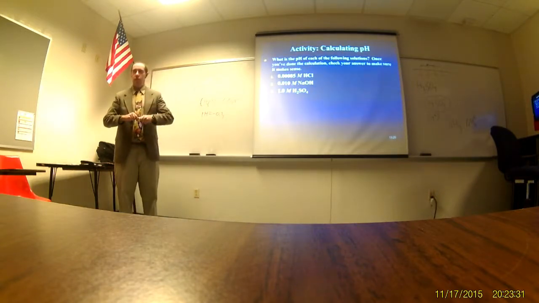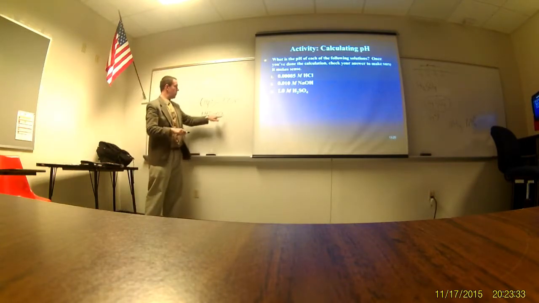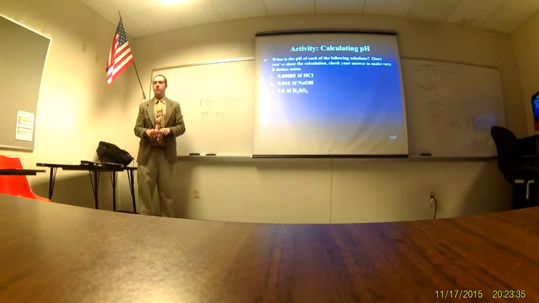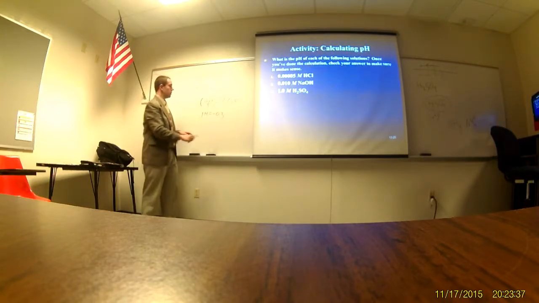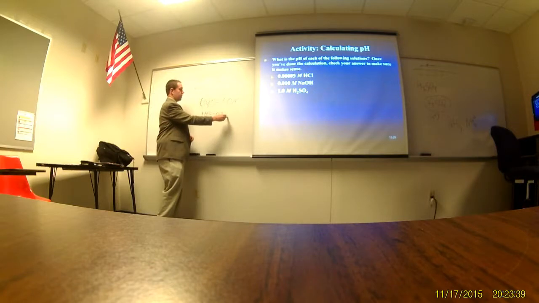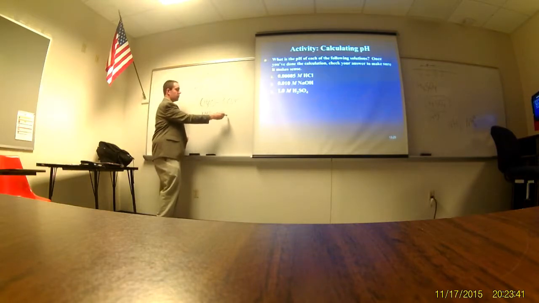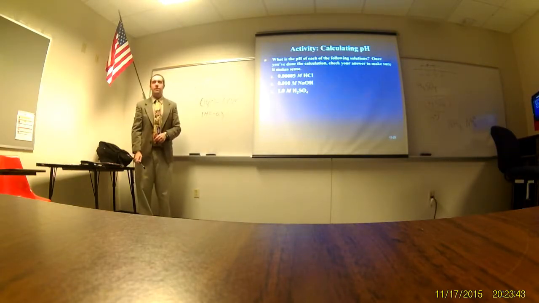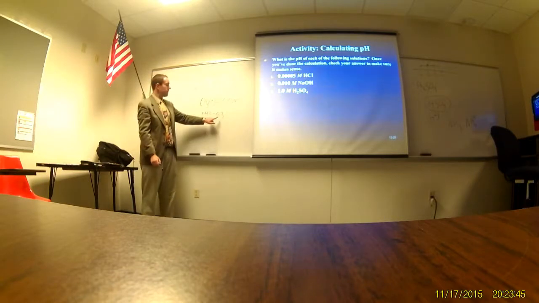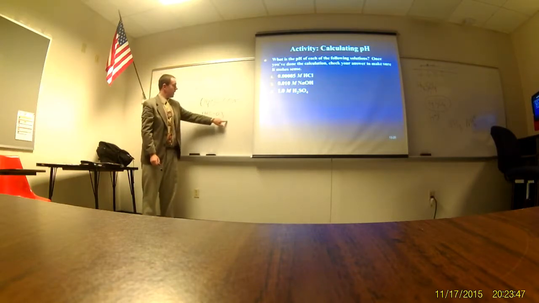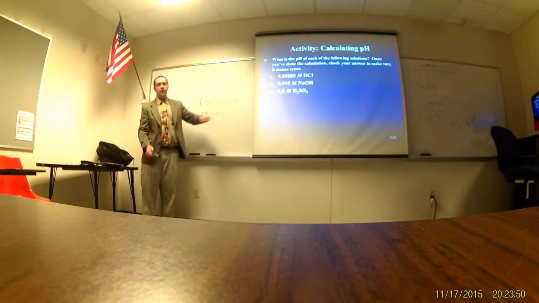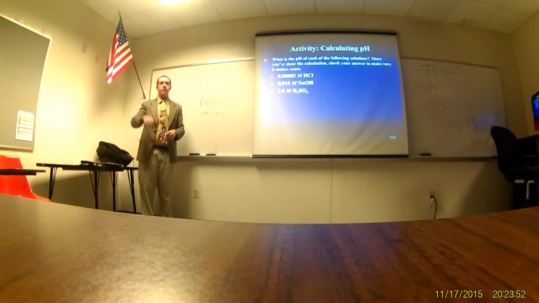You do the negative log of 2, which is negative 0.3. And just like with our K values, I'll point out now, pHs don't have units. So this is another example where you can actually write something with no units.